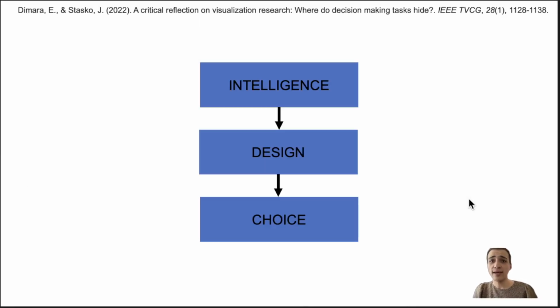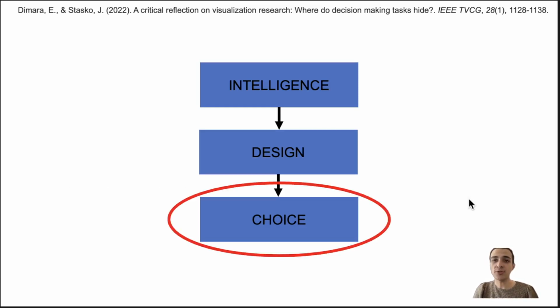At its core, a decision-focused visualization tool must fulfill a crucial requirement of supporting at least the choice stage of decision making, because a decision making at its minimum requires a choice between 2 alternatives.